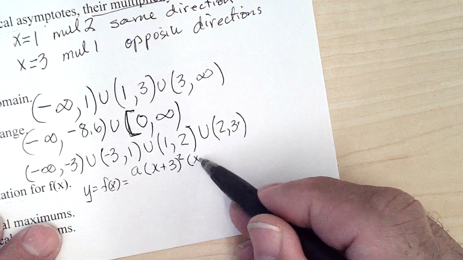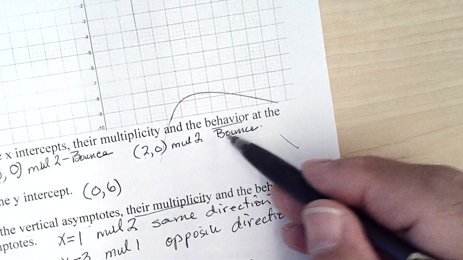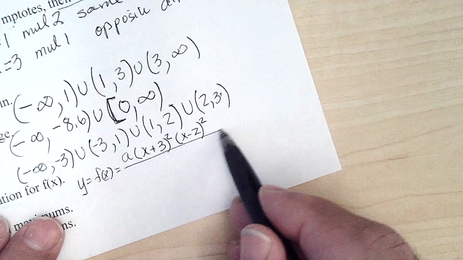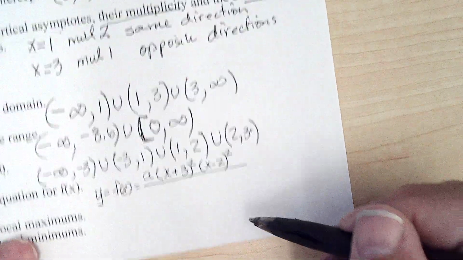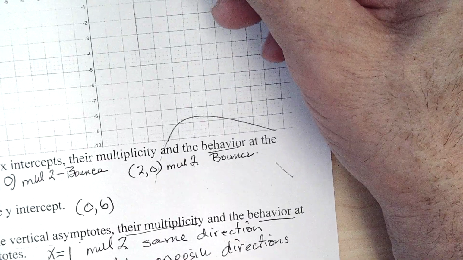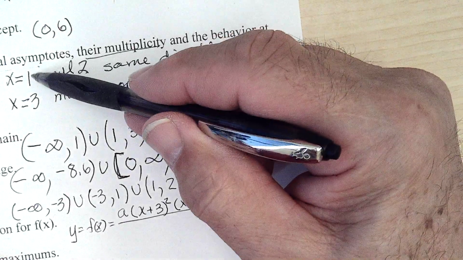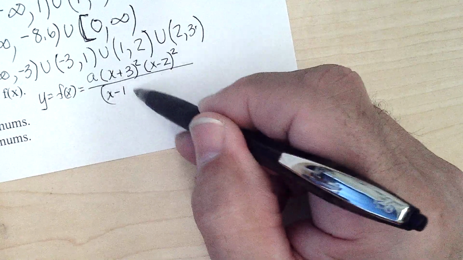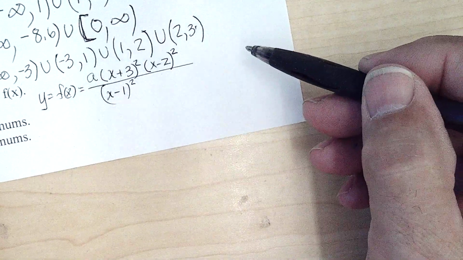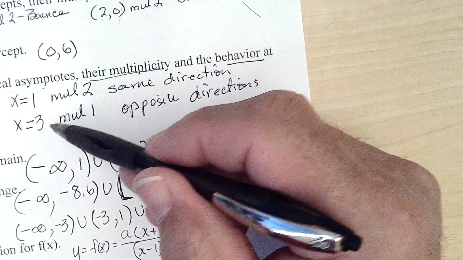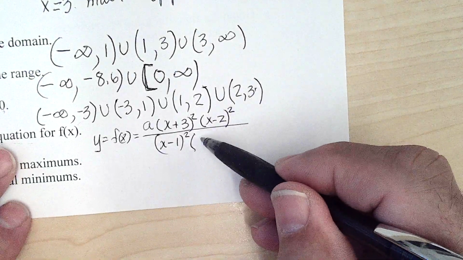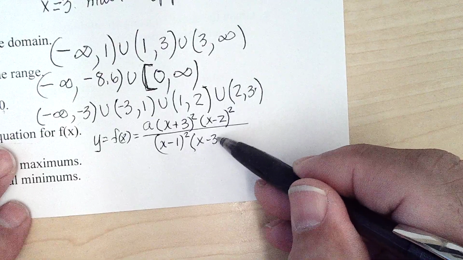It has to have an x-intercept of 2, so it's got to be x minus 2, multiplicity 2 because it bounces, squared, over, got to have a vertical asymptote at 1 with a multiplicity of 2, so it's x minus 1 squared. It has a vertical asymptote at 3, multiplicity 1, so x minus 3.